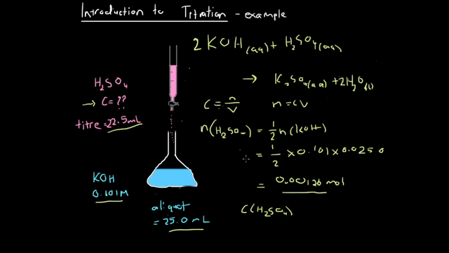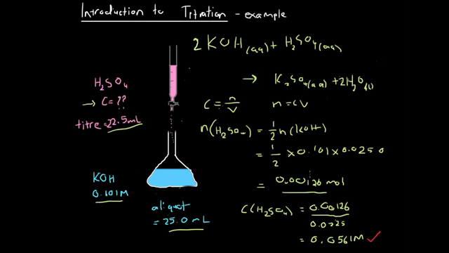The mole of sulfuric acid is here, and we know that this number of mole is in 22.5 milliliters, or 0.0225 liters. If we work out this concentration, we get an answer of 0.0561 moles per liter. So that is our final answer.